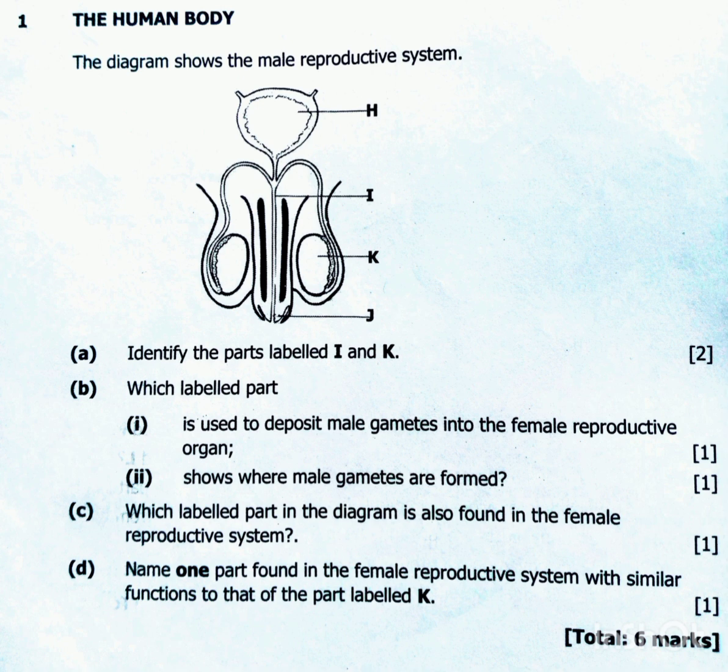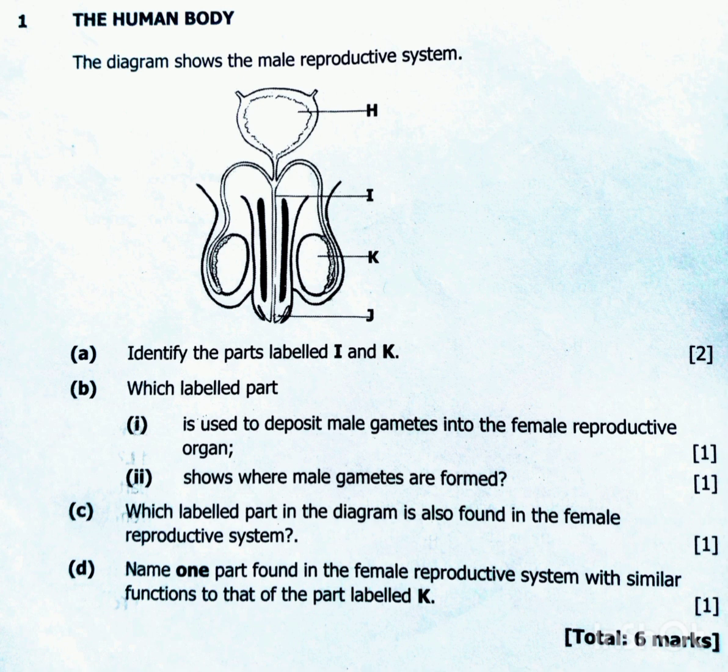So let's look at the function of the testes. The testes have two functions. Number 1, they produce male gametes, or male sex cells, or sperms. Number 2, they produce the hormone testosterone. The part of the female reproductive system which has similar functions is the ovary.